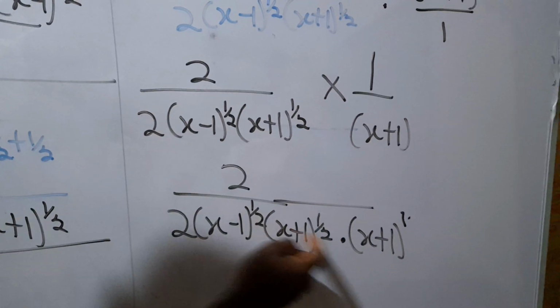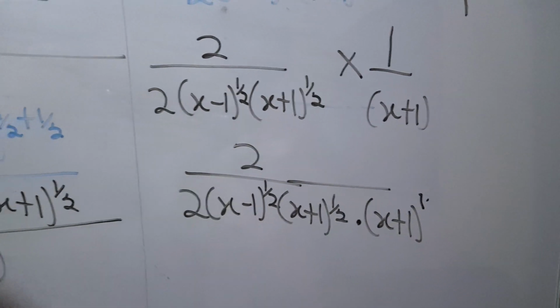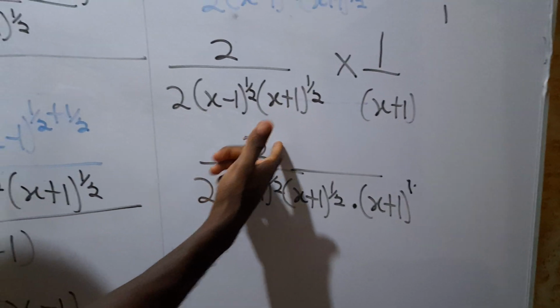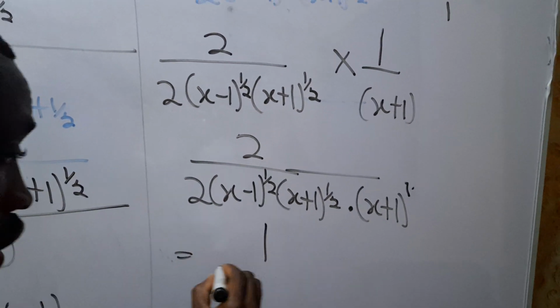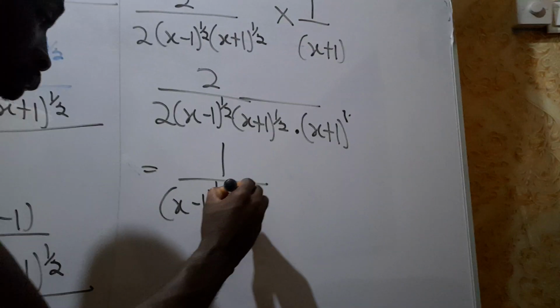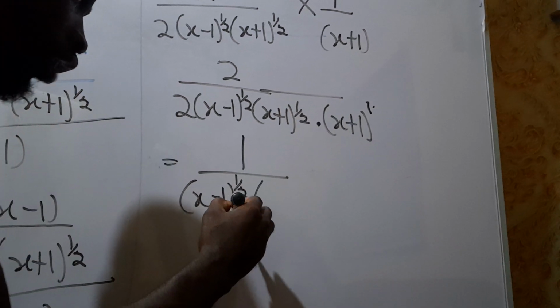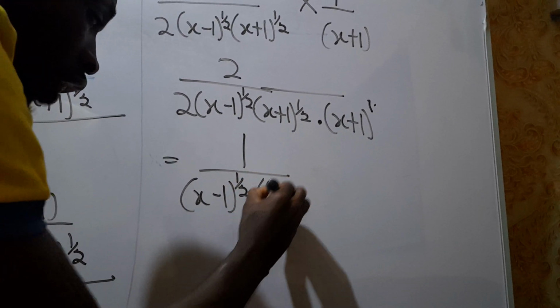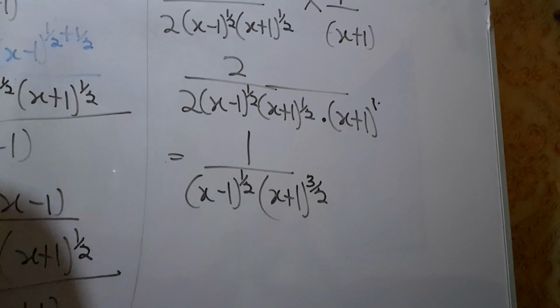Remember, these are indices with the same base. When they are multiplying, we just add the exponents. And these two can divide by 2. So the numerator there will be 1. So we have 1 all over (x minus 1) exponent half. Then 1 half plus 1 will give us 3 over 2. So we have (x plus 1) exponent 3 over 2.